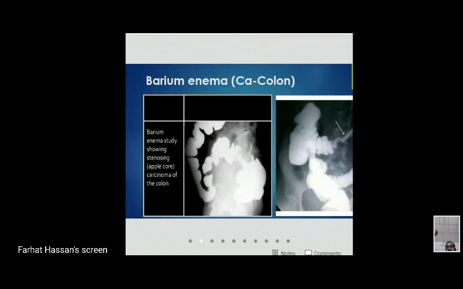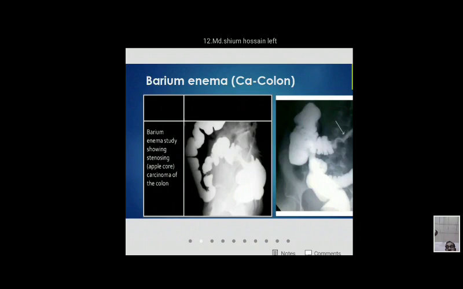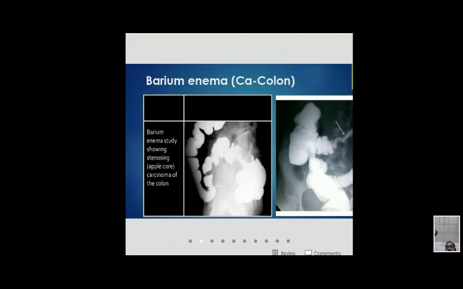Usually it is carcinoma of the ampulla of the rectum, the most dilated part of the rectum, that is called the ampulla. If there is a growth in the ampulla of the rectum, it secretes mucus, and in the early morning the patient goes to the toilet, but only passes a slight amount of flatus with mucus.